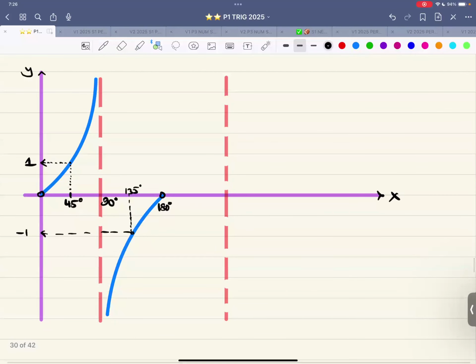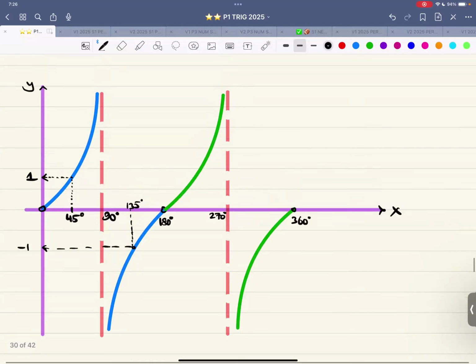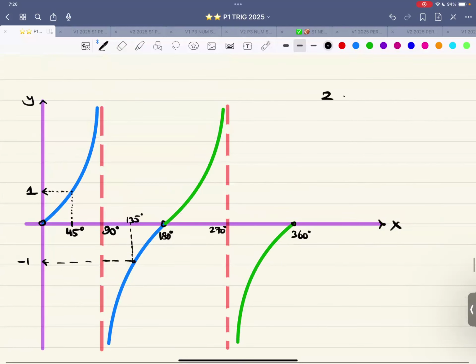Now, let me draw the remaining part of the graph that goes like this, and this goes like this. So now over here, let me label it. This is 270 degrees, again undefined, 360 degrees, 0. And now there are two cycles in 360 degrees.